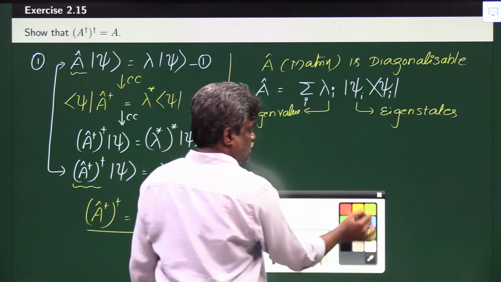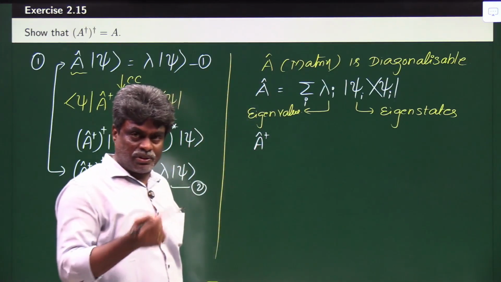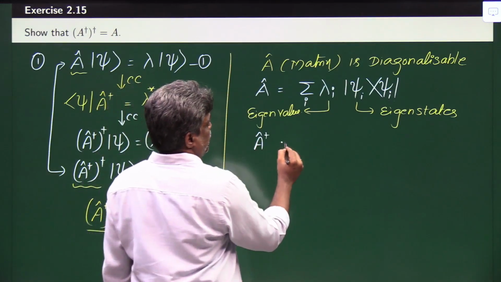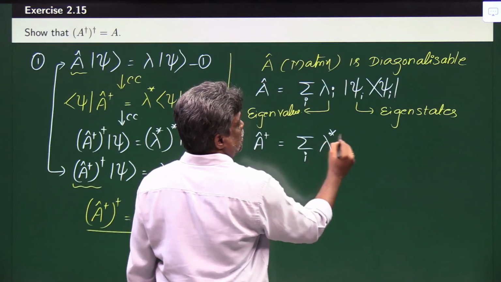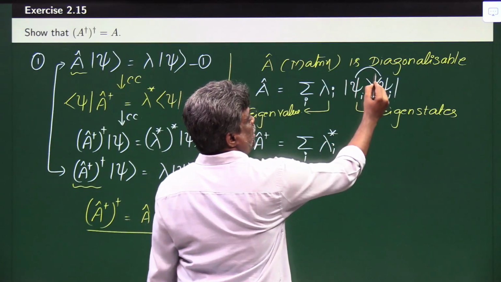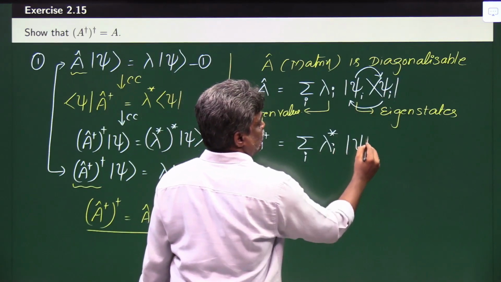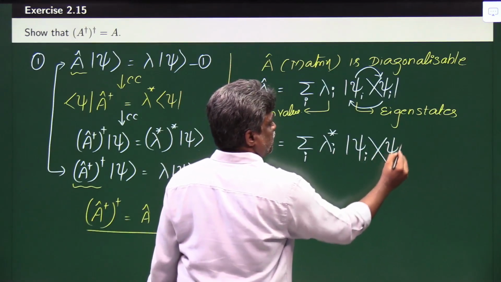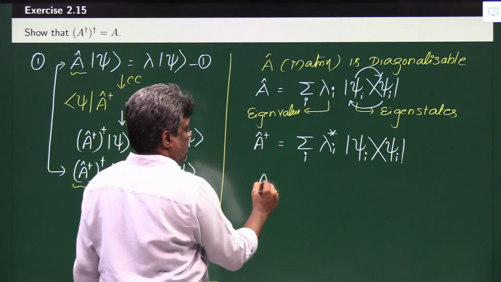So now let us apply dagger for this, that means the Hermitian conjugate. If I apply dagger, this is a summation over i. Lambda will get a star, and ket will become bra, and bra will become ket. Of course both are same, that's why no change. And one more time apply a dagger.